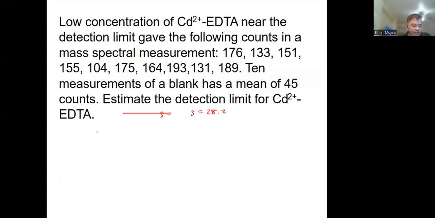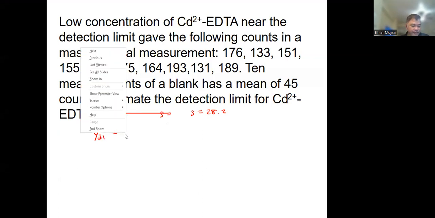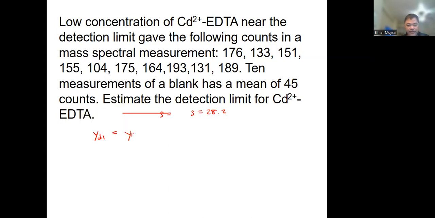If you look at our notes, the detection limit is equal to Y blank plus 3 times the standard deviation. So what's the Y blank? 45 counts plus 3 times 28.2.